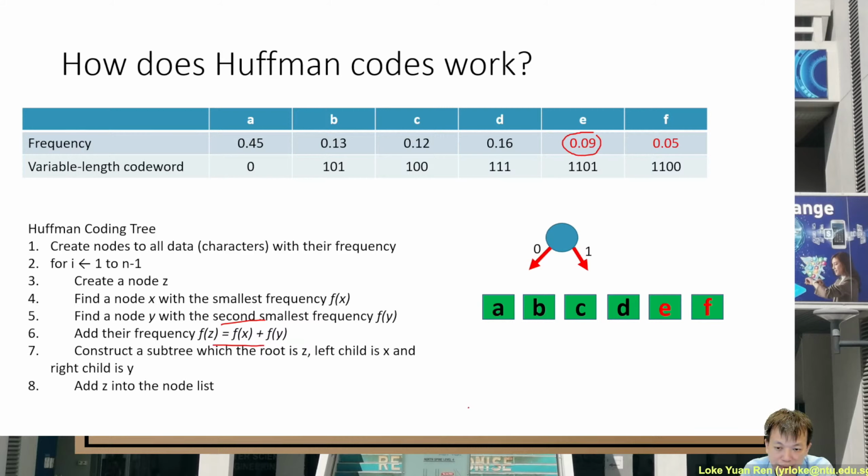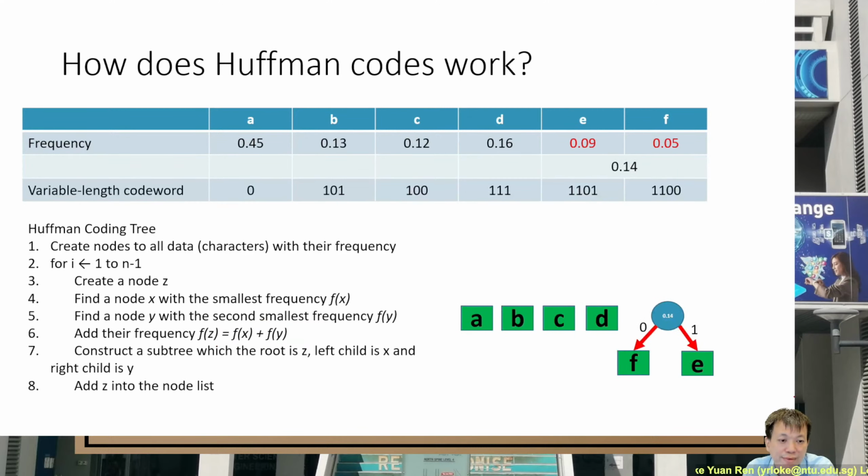Then I construct a subtree. This new subtree, this node, is called Z. I add this back to the list and repeat this process again.